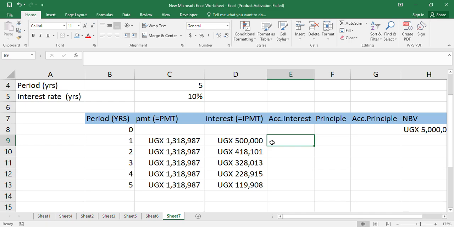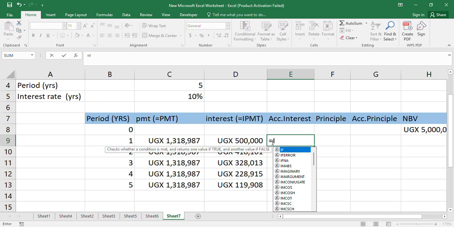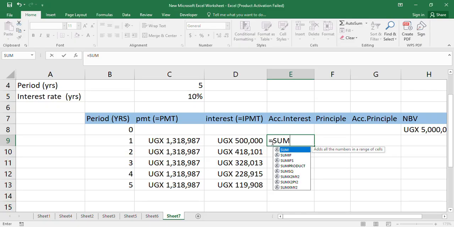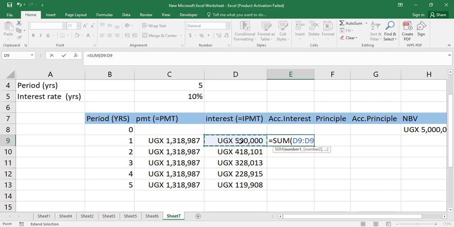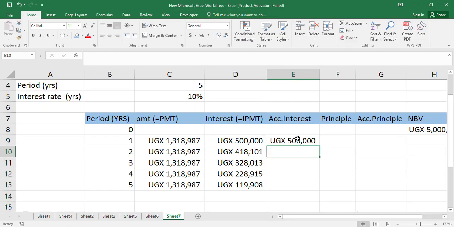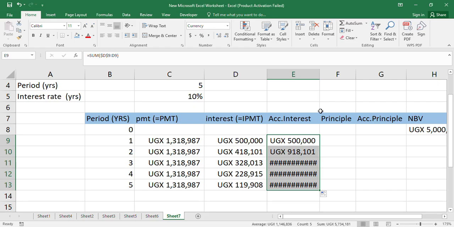Accumulated interest is just an addition of the interest that has been accumulating, and we can get this by the sum of the interest. Fix only one of the two cells by pressing F4, press enter, then we shall autofill this.